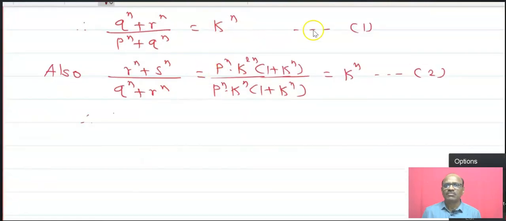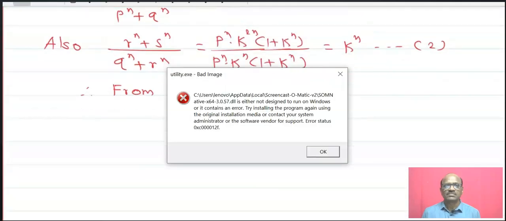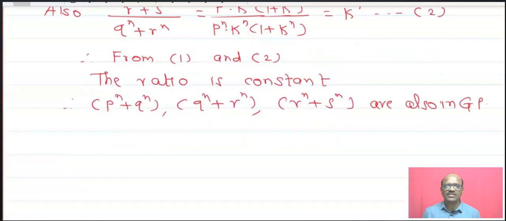Now from 1 and 2, these two are equal, and hence their left hand sides are also equal. Therefore from 1 and 2, the ratio is constant. Therefore p^n + q^n, q^n + r^n, and r^n + s^n are also in GP.